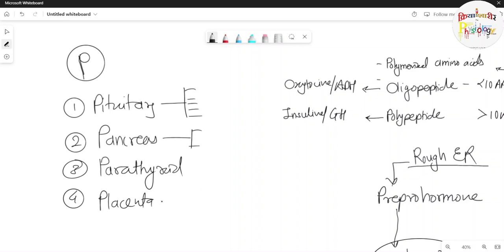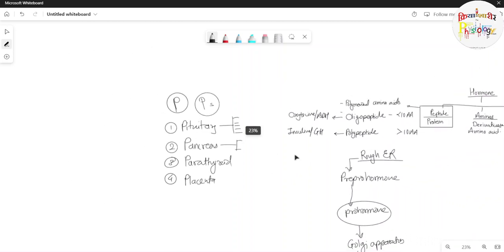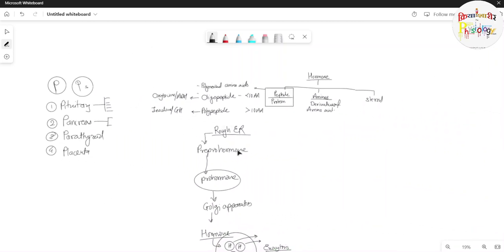Placenta secretes many hormones; if you exclude estrogen and progesterone, the remaining hormones are protein in nature. So these four P's secrete protein hormones.